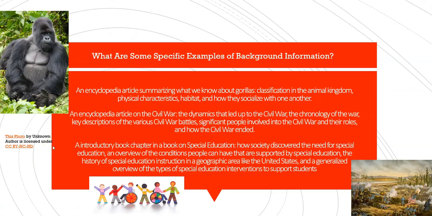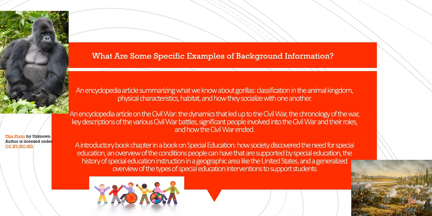If we were looking at an encyclopedia article on gorillas, we would read about things like how are they classified in the animal kingdom, what are their physical characteristics, what is their habitat, how do they socialize with one another, how do they reproduce and raise their young, things like that.